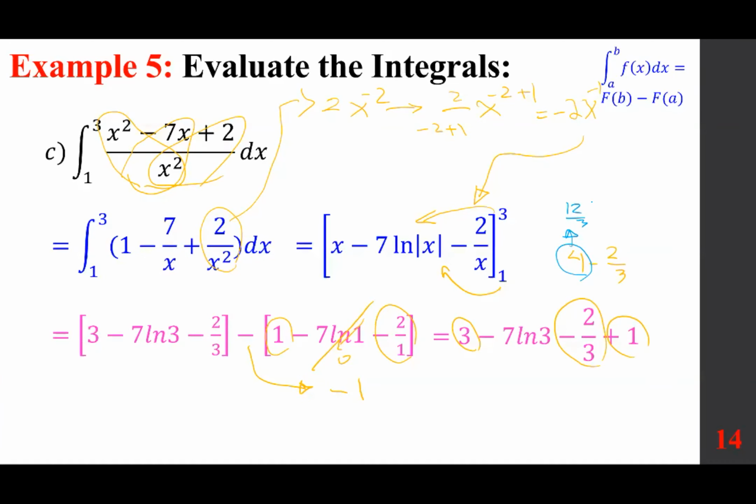Minus 2 thirds makes it 10 thirds. We are done. Now, I'm giving you the exact answer. Always come up with the exact answer in calculus unless they ask for an approximation. You can put it into a calculator and get a bunch of decimals, however many decimals you have to.